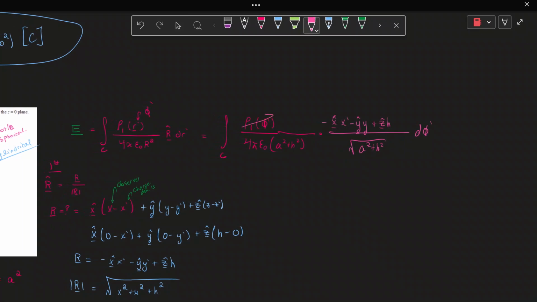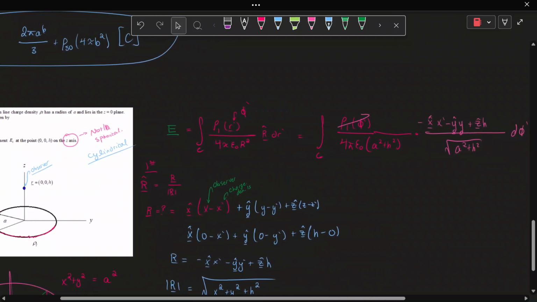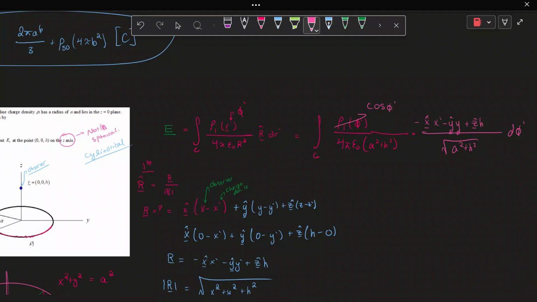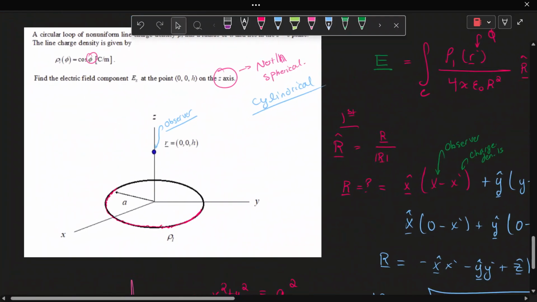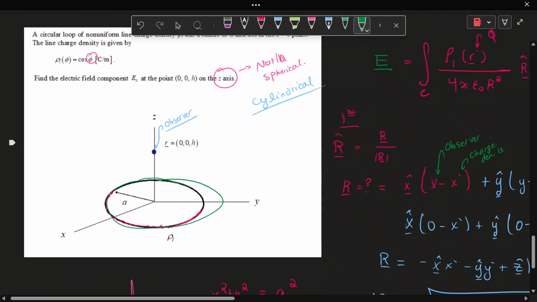Now we know rho L phi prime, the linear charge density, is going to be cosine of phi. Now do not forget this prime, because phi prime is for the charge density where we begin, right? We have this charge density here.